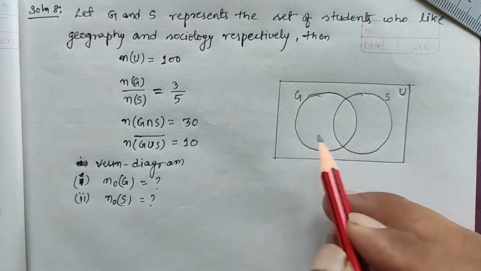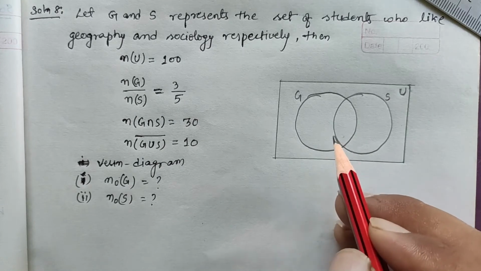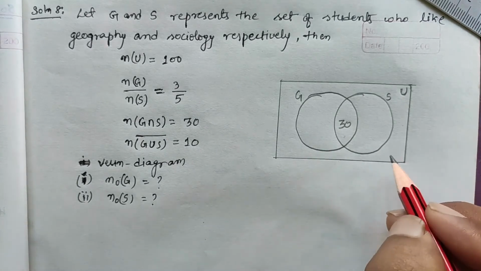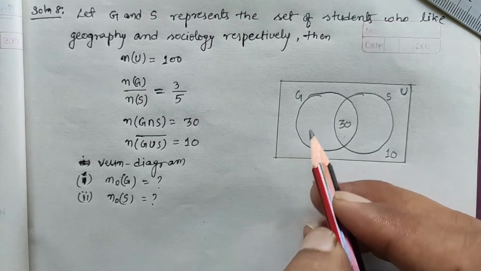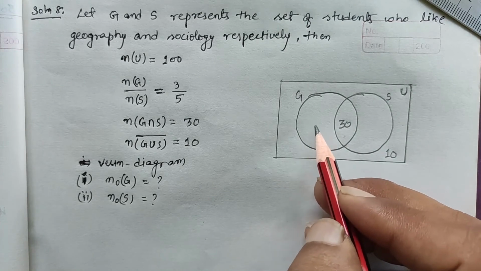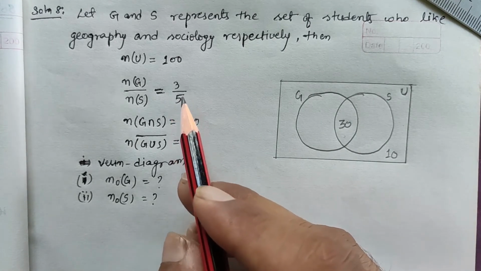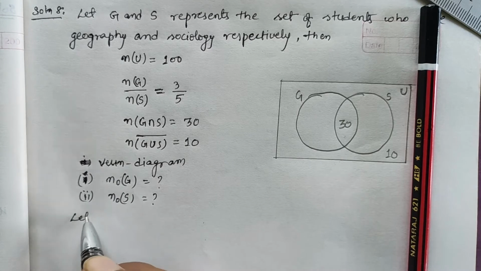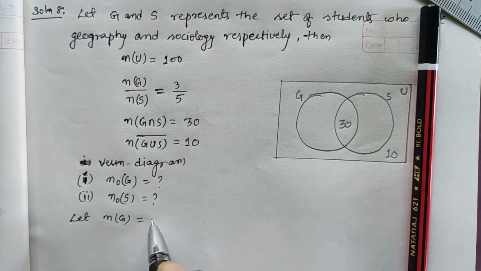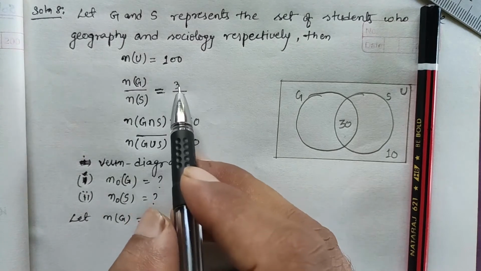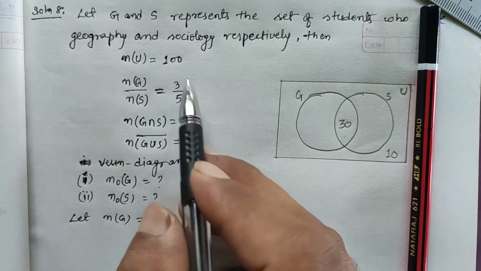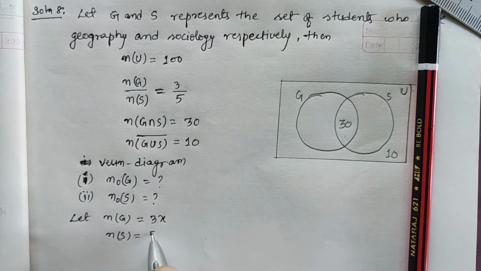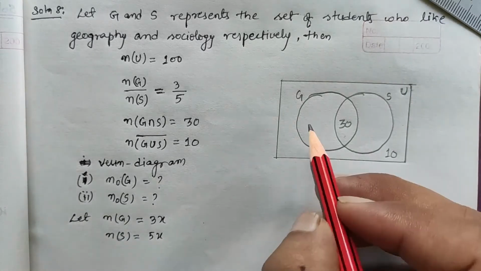The intersection is 30, given here, and the complement is 10, and we don't know the value of the rest. So first we let N(G) equal 3x. 3 is not the exact value. N(G) upon N(S) is the ratio, so we let N(G) be 3x and N(S) be 5x. In this way we draw the Venn diagram here.